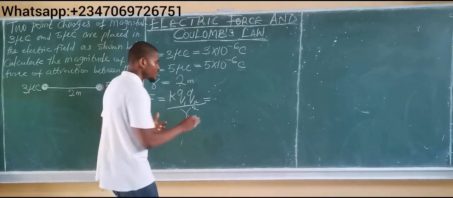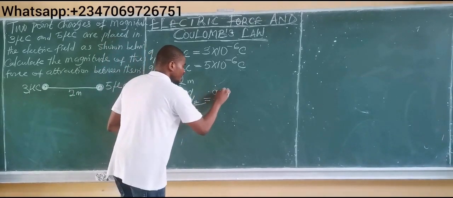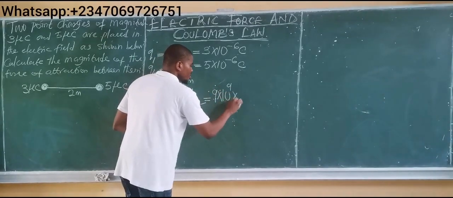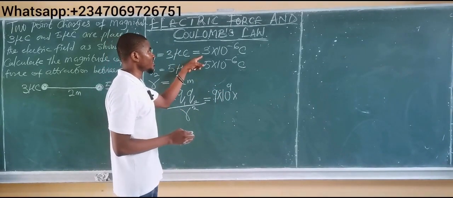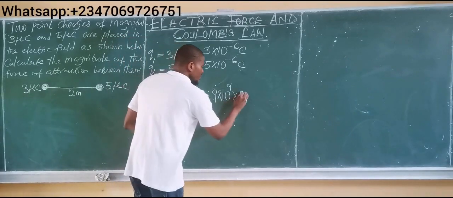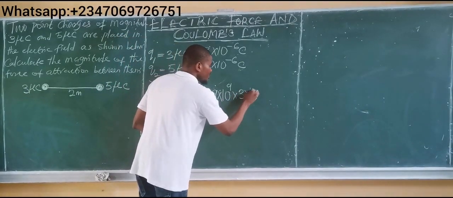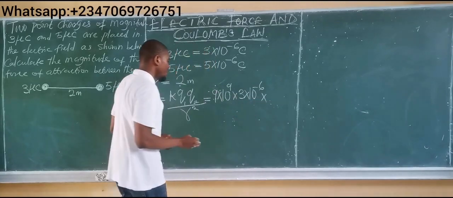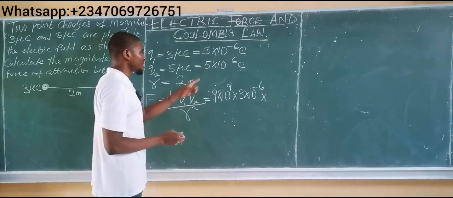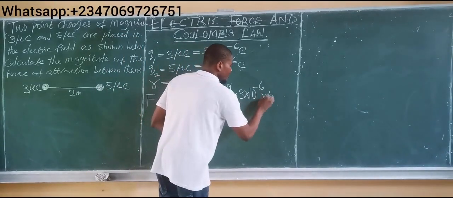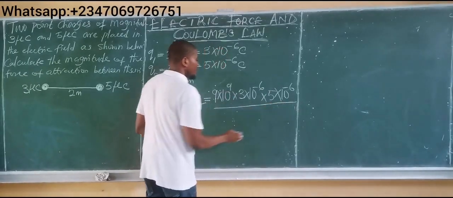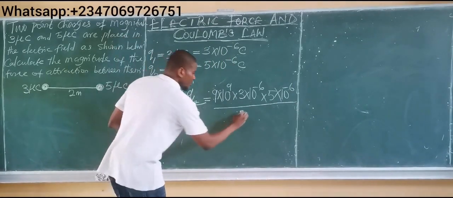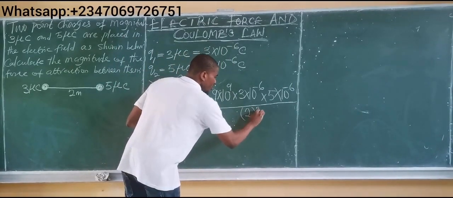Our constant, remember, is always 9 times 10 to the power of 9, multiplied by the first charge, 3 times 10 to the power of negative 6, multiplied by the second charge, 5 times 10 to the power of negative 6. The whole of this is divided by the square of the distance, 2 all squared.